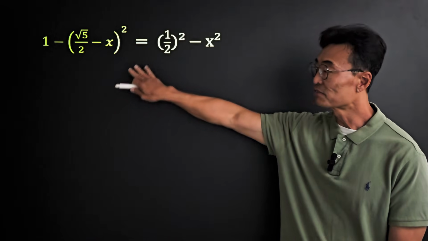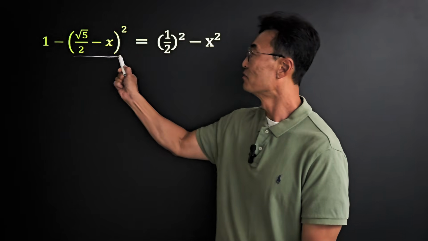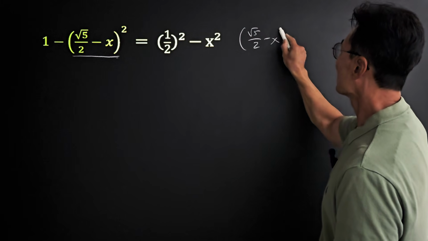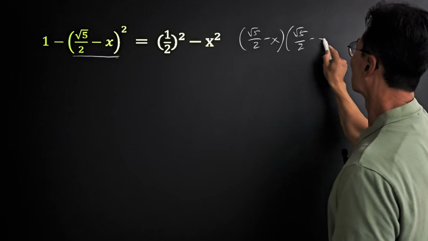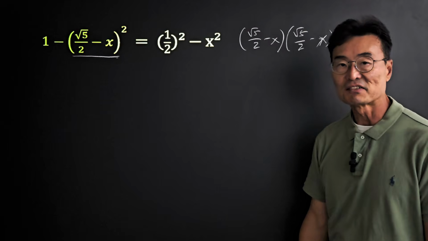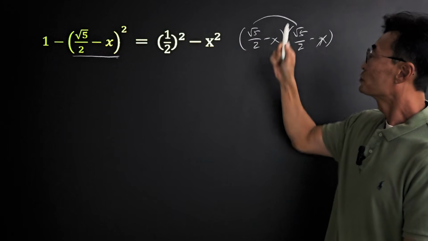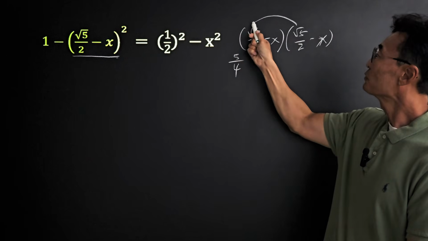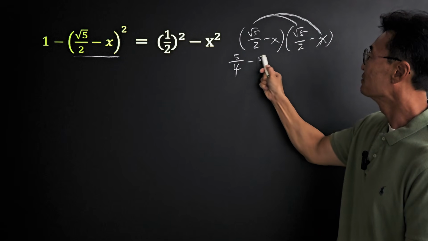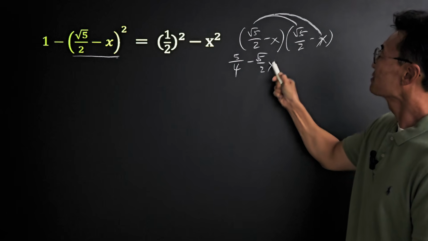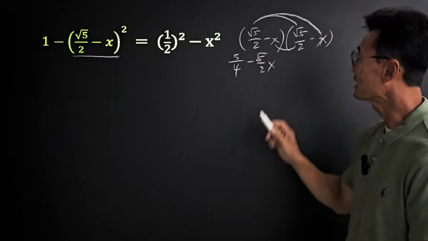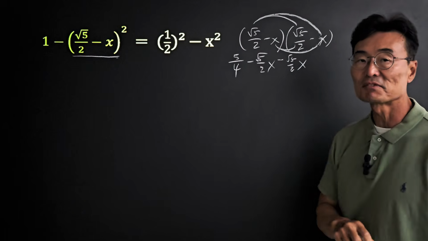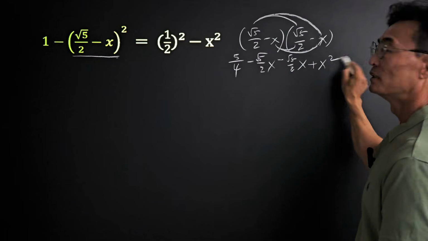Let's do this on the side, where we have (√5/2 minus x) times (√5/2 minus x). √5/2 times √5/2 is 5/4, and then √5/2 times negative x is negative (√5/2)x, and then negative x times √5/2 is again negative (√5/2)x, and finally negative x times negative x is plus x squared.